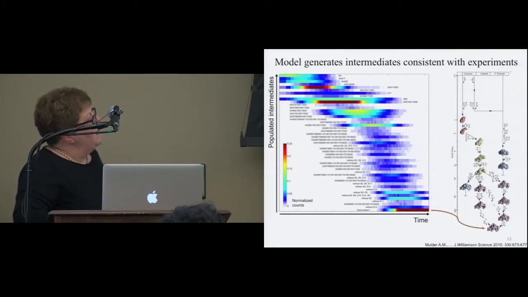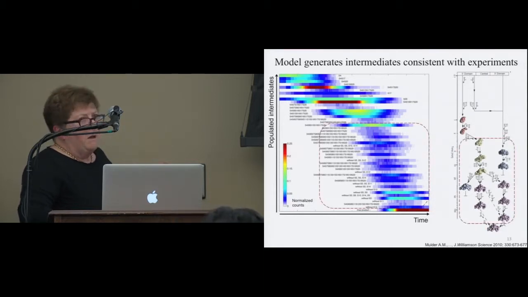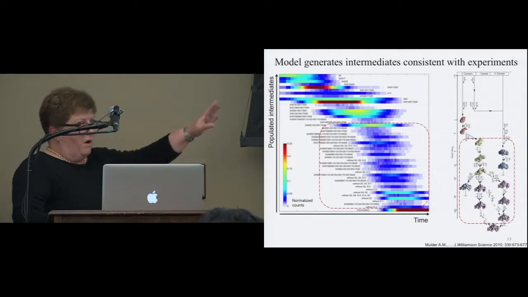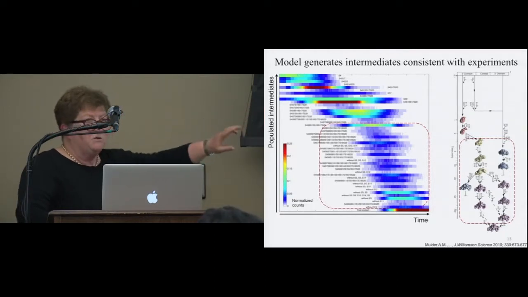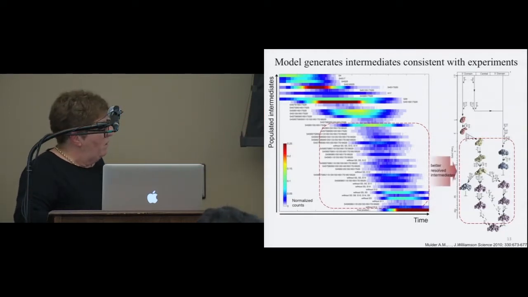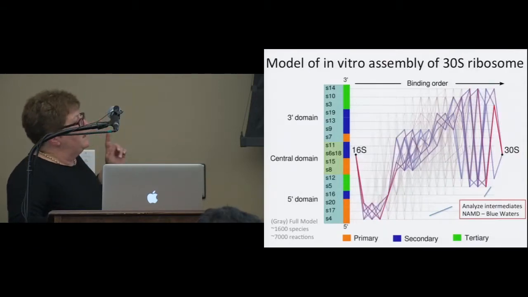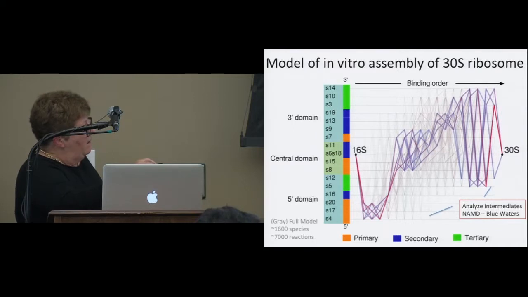And what's interesting is we can resolve this end part of the assembly. This is cryo-EM work over here, so you can't see all the intermediates. We can see more. And this is our binding order. So we're starting with the naked RNA here, and we're adding proteins according to our kinetic model.